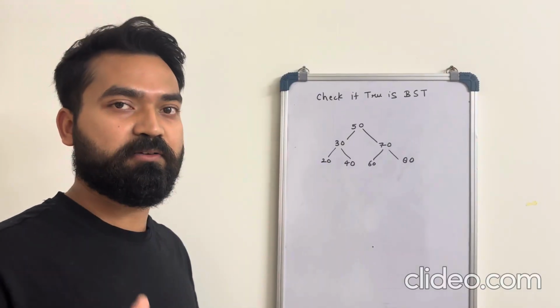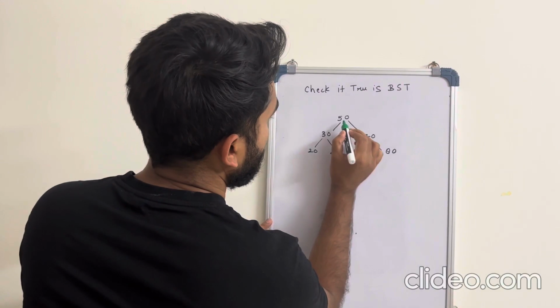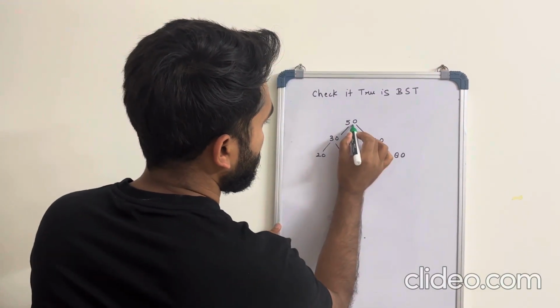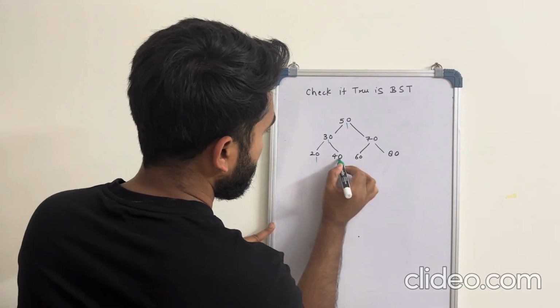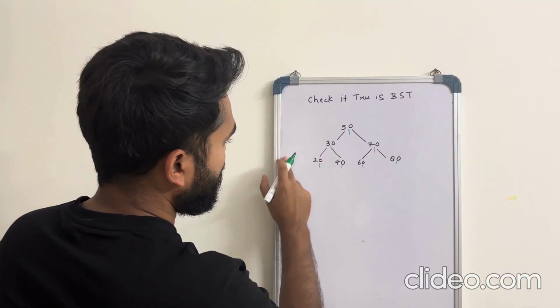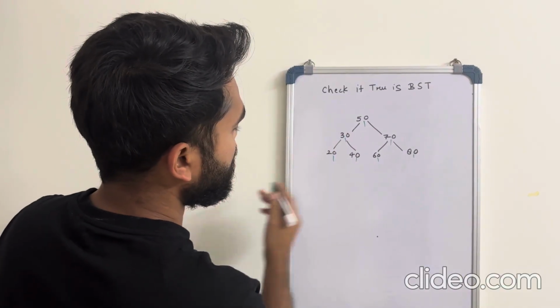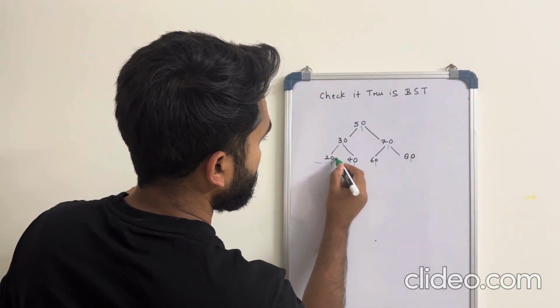So what is in-order traversal first? How do we calculate the in-order traversal? We can draw something like these lines, and we need to follow this path. We start from the most left node and go like this.